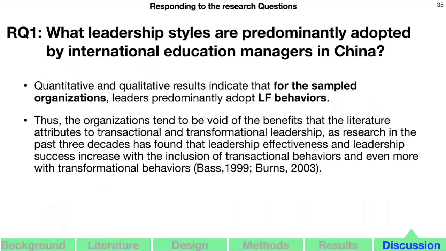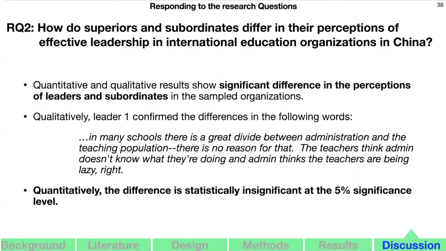So for the research questions, as we can see here, for the sample organizations, the leadership style was predominantly, let's say, laissez-faire leadership, meaning that the organizations did not benefit from the benefits of transformational leadership.